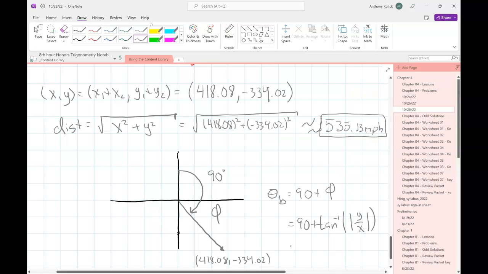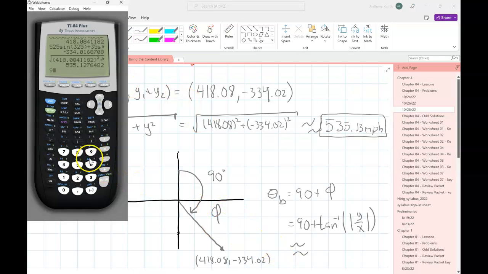That's going to be 90 plus tan inverse of the absolute value, y over x. We'll just go to our calculator. 90 plus tan inverse, math, number, absolute value, y over x, and I get 128.62.